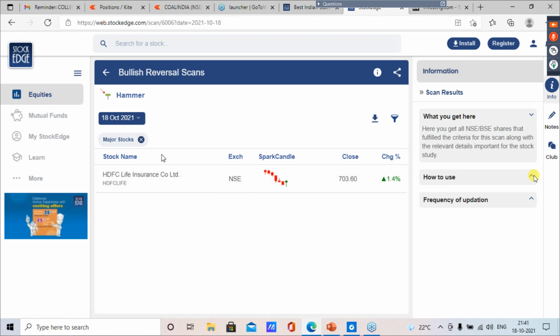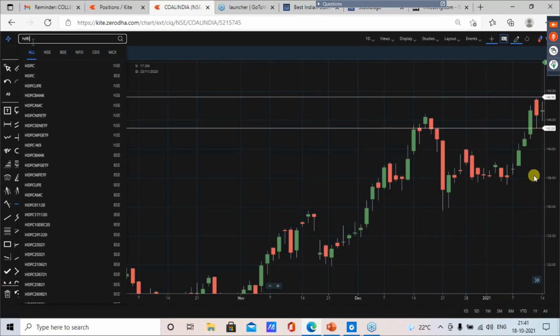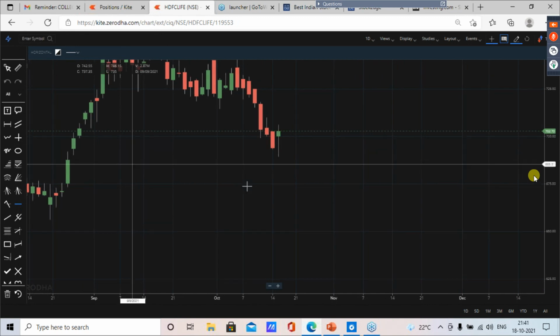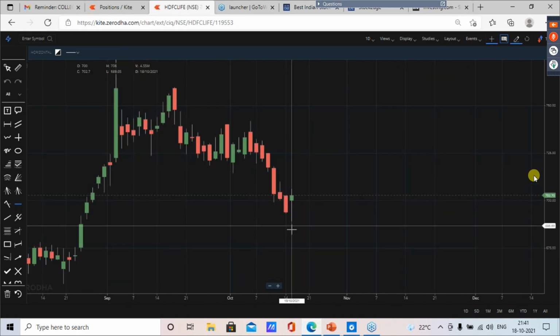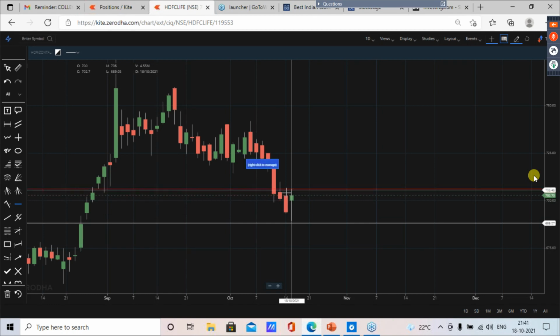So this particular app has given me an example, HDFC Life Insurance. I'll just go and check HDFC Life. Can anyone tell me which candlestick pattern this is? This is a bullish hammer.